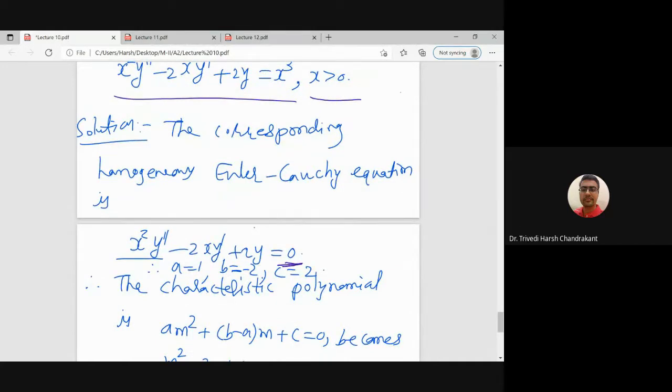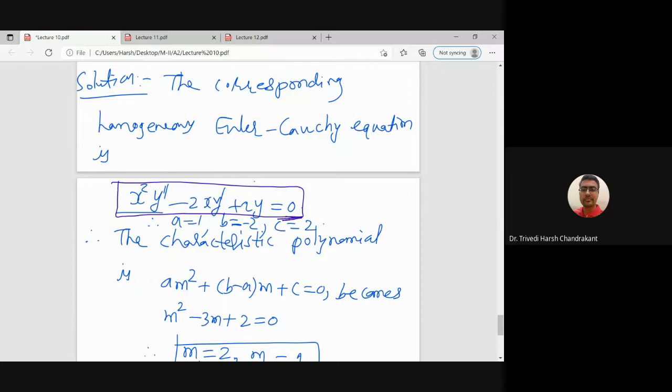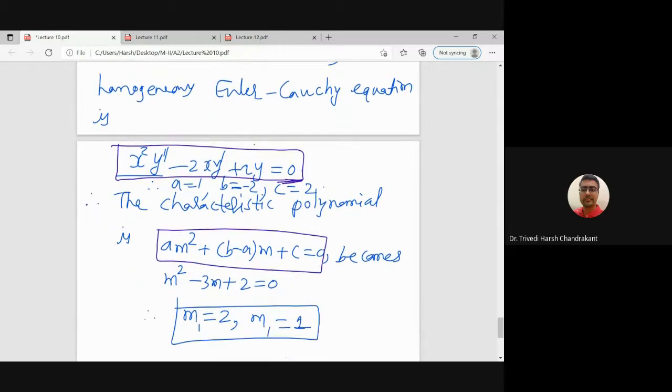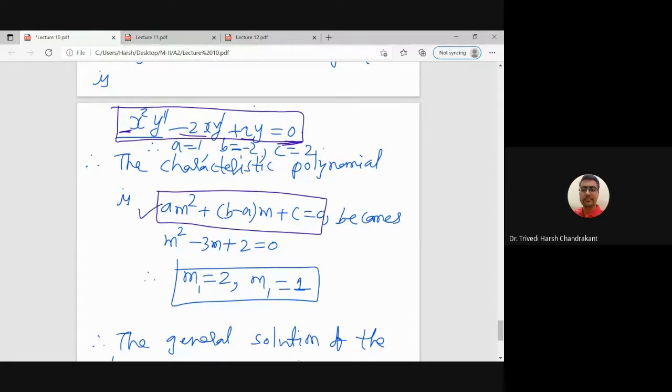This is the Euler-Cauchy homogeneous equation. So first we find the corresponding characteristic polynomial. Here a is 1, b is minus 2, and c is 2. We substituted in the polynomial and got the characteristic polynomial corresponding to the given differential equation.